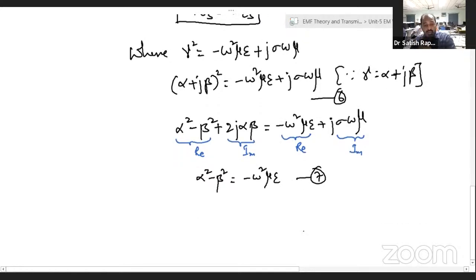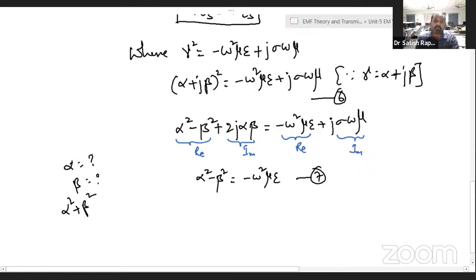So we have alpha square minus beta square. If I want alpha and beta, the attenuation constant and phase constant, my aim is to determine those two. As I have alpha square minus beta square, if I can have alpha square plus beta square, I can comfortably determine alpha and beta.